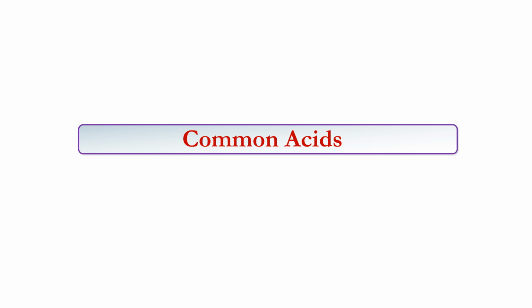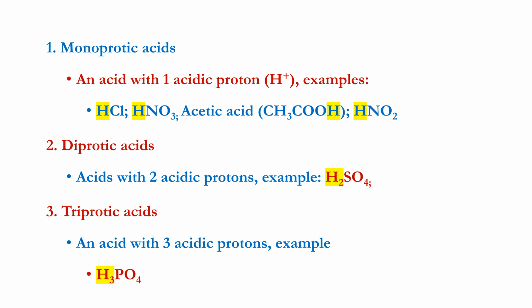So now we look at common acids. The first one is monoprotic acid. What is a monoprotic acid? A monoprotic acid is an acid that contains one acidic proton.